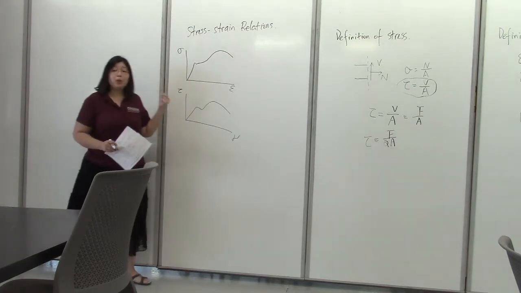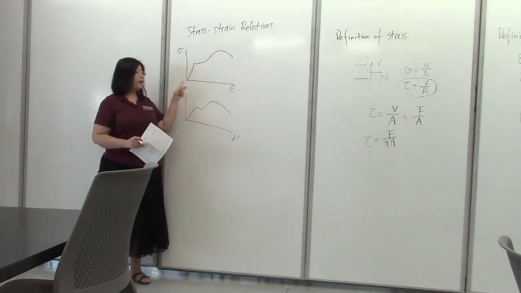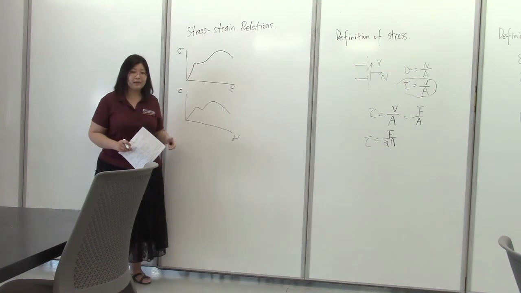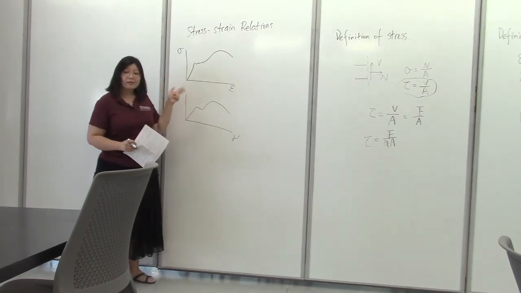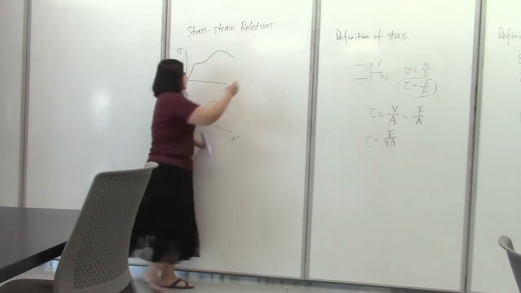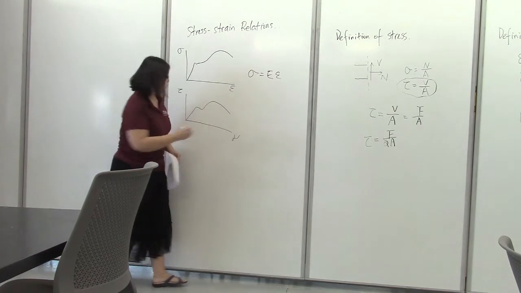So there is a linear portion, and when the material's stress and strain are in the linear portion, we say that the material is linear elastic. When that is the case, the stress and strain are related to each other linearly through what we call Hooke's law.